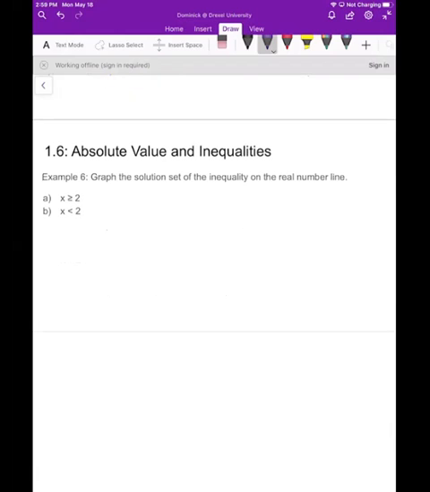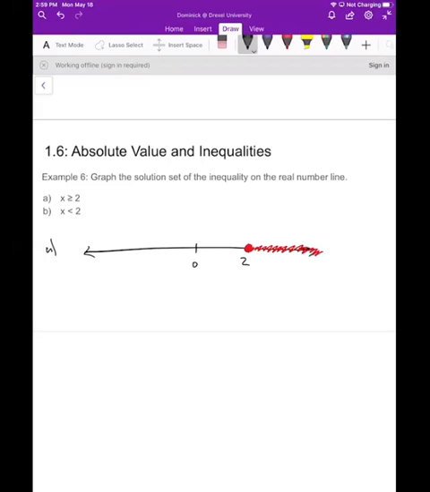Okay, so let's take a look at a couple more examples. So for part A, we have x is greater than or equal to 2. So since we have the equal sign, we get a closed circle. And if I want numbers that are bigger than 2, I need to shade this side of the line.